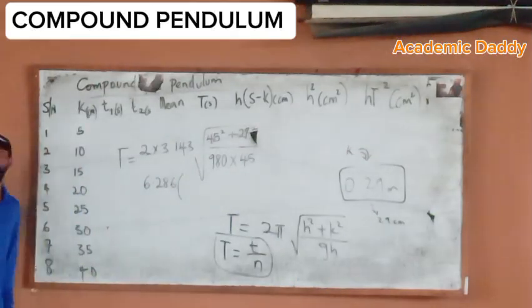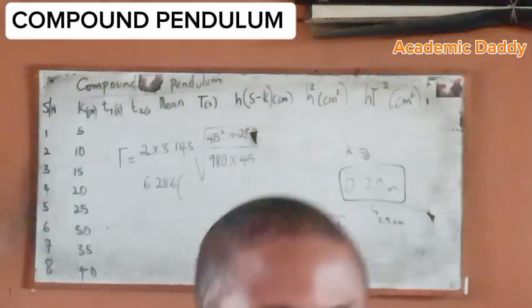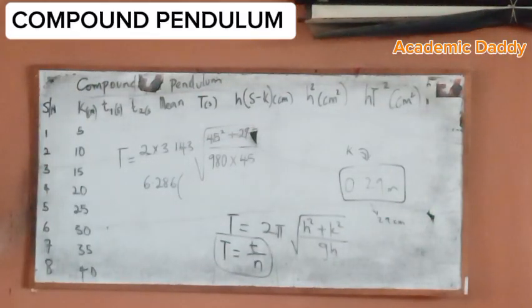What do you have? What do you get? Taking the square root of 45 square plus 29 square divided by 980 times 45.